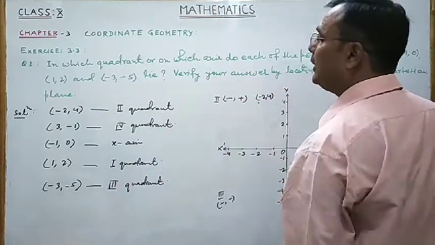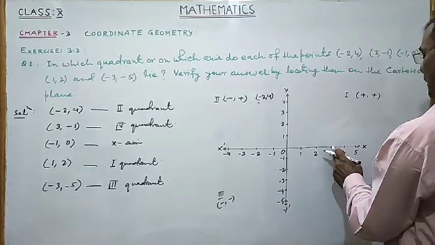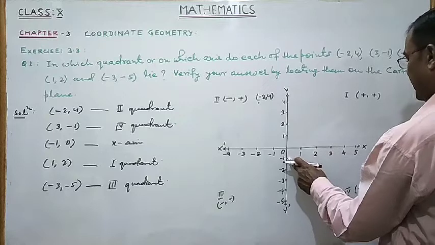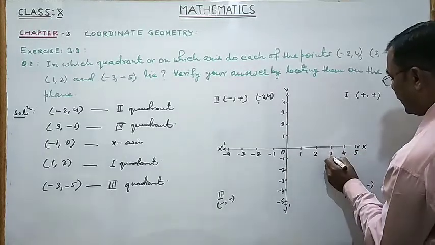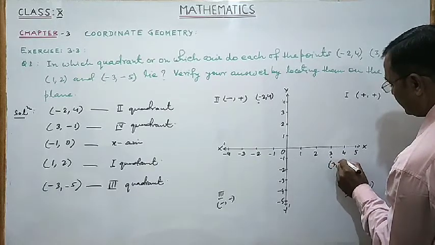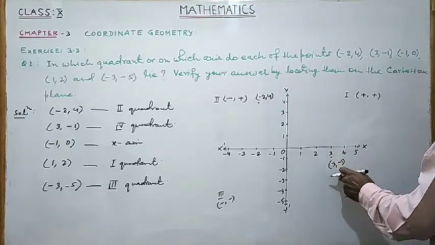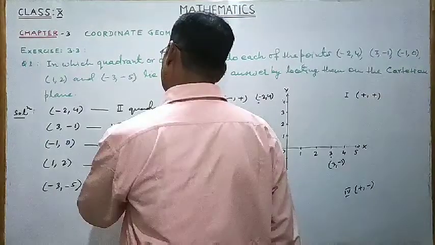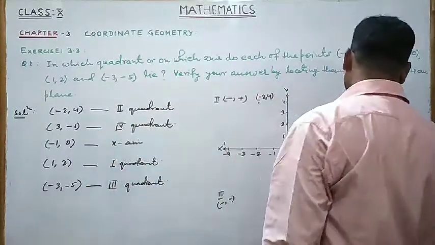Now second point (3, -1). X equal to 3, y equal to -1. So this point (3, -1) is this point, and this point lies in the fourth quadrant, and we have also written (3, -1) lies in the fourth quadrant.